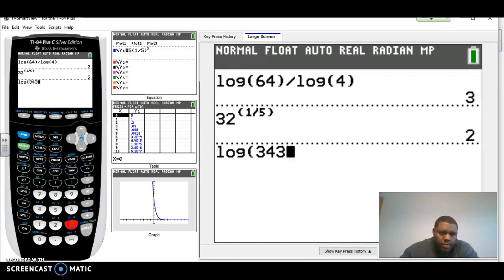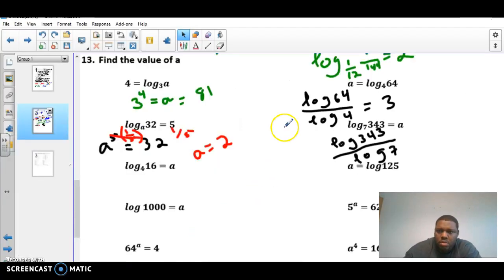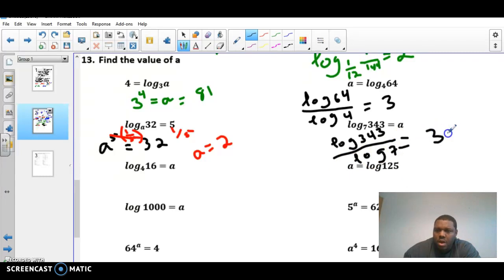And that gives us 3. So A in this case, guys, equals 3.